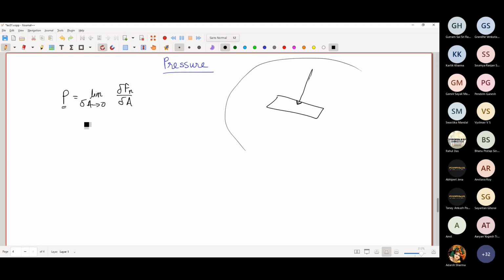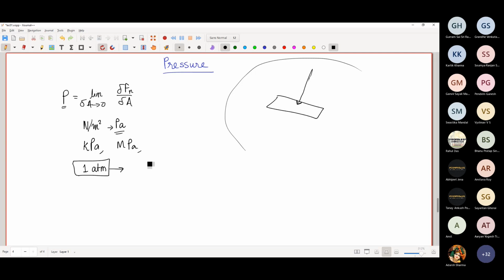And the different units for pressure, the easiest way is Newton per meter square, which is also called Pascal. But Pascal is a very small amount of pressure. So typically you will deal with kilopascal or megapascal. And because Pascal is a very small unit, people used to deal with 1 atmosphere, because 1 atmosphere is a good reference value.